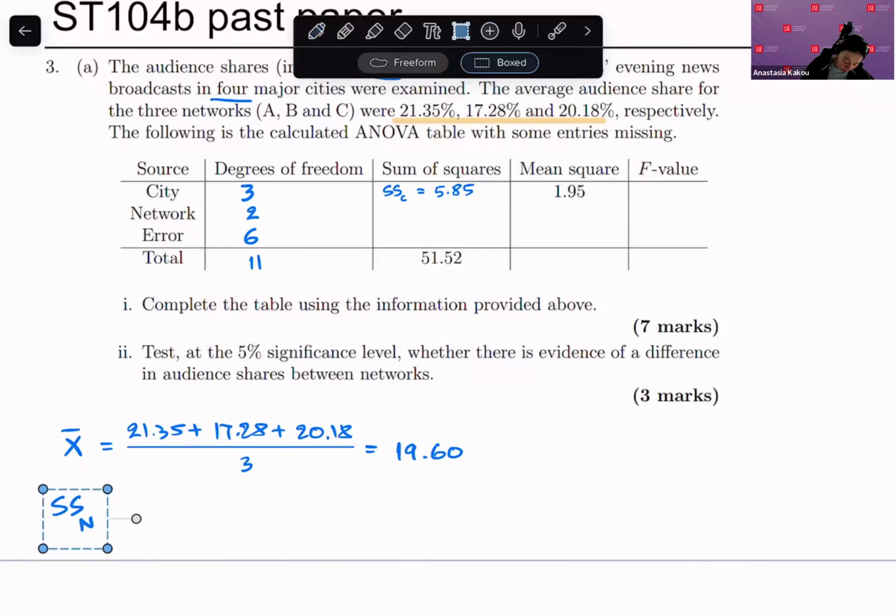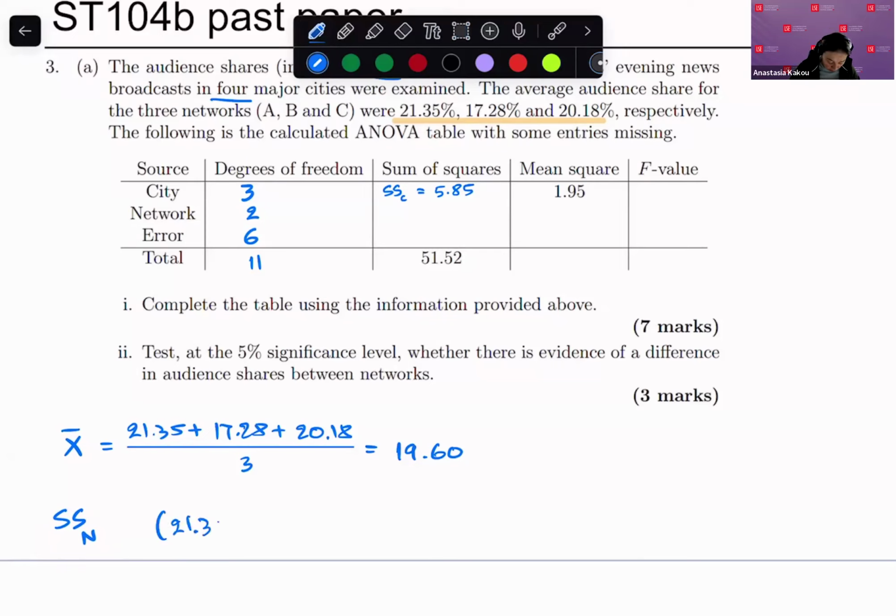The sum of squares of the networks is going to be the squared differences between the average of the network and the overall average. So we have 21 minus 35 minus 1960 squared, and likewise for the second network squared and for the third network.